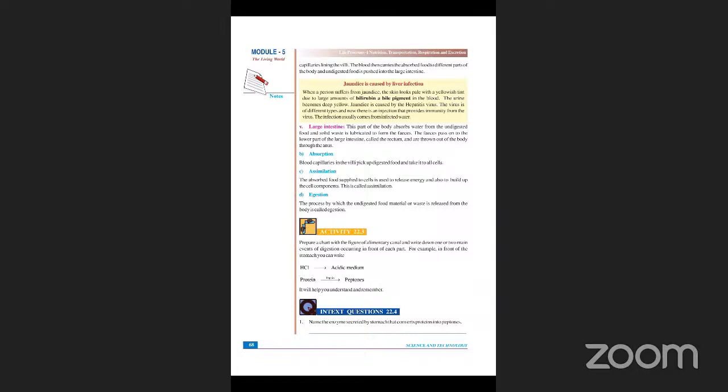Because of excessive bile juice secreted by the body, and it is caused by the hepatitis virus. If you drink infected water, the hepatitis virus releases a lot of bile pigment in the blood, which makes the blood yellowish in color.